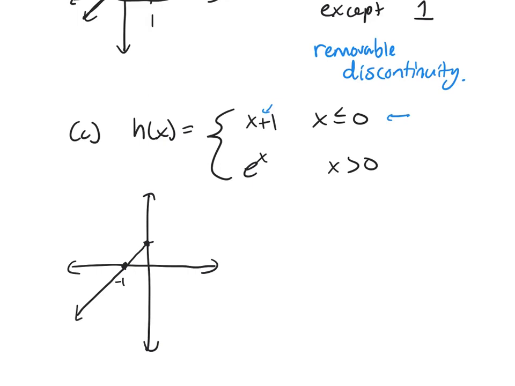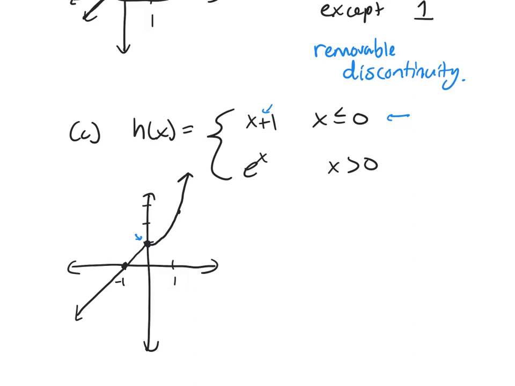And this is a line, so it'll go out like that. And then e to the x, if I plug in 0, I get 1. So it starts at this point here. And then at 1, it's going to spit out e, which is between 2 and 3. So it looks something like that.